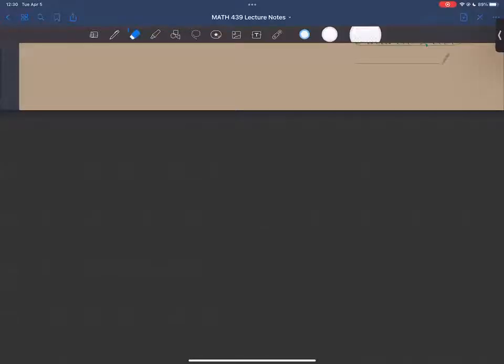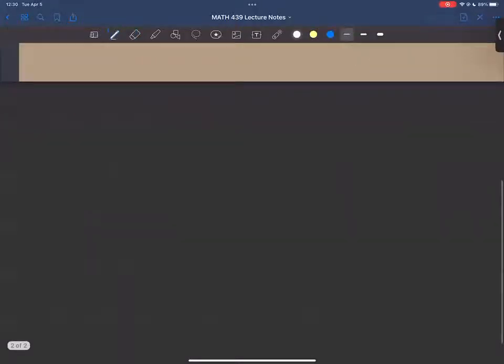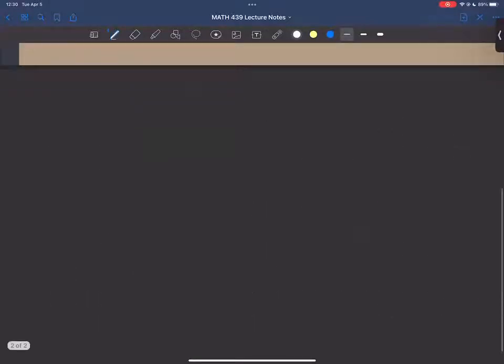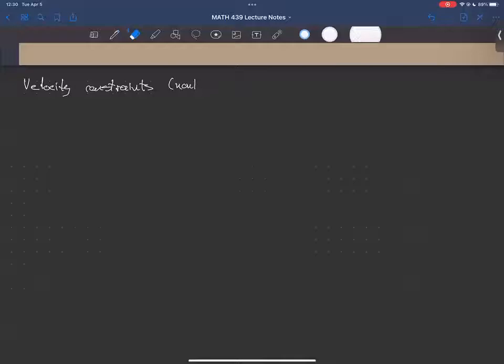Okay. Right. So last time we started our last topic, which, as you can see by the date at which I started it, won't take very long, and that has to do with velocity constraints, also known as non-holonomic constraints.